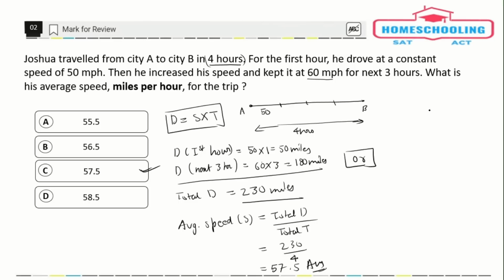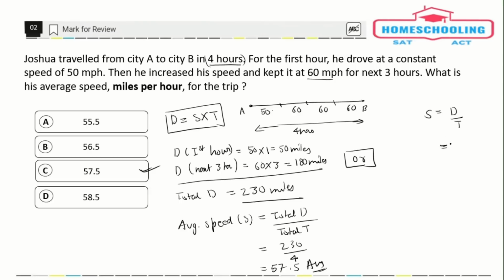As we know, speed is equal to distance upon time. In the first hour, it has a speed of 50 miles, so in 1 hour it will cover 50 miles distance. Then in the next 3 hours, it traveled at a speed of 60 miles, so that means in every hour it will cover 60 miles, 60 miles, and 60 miles.